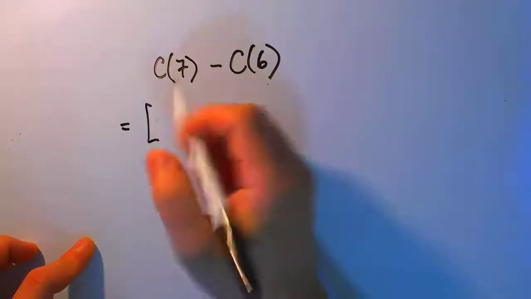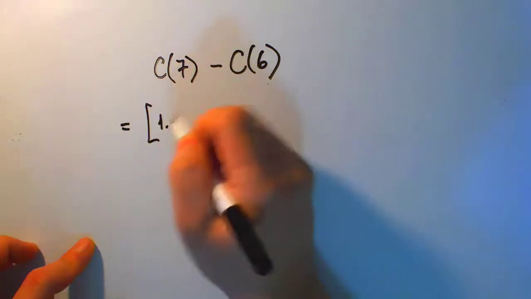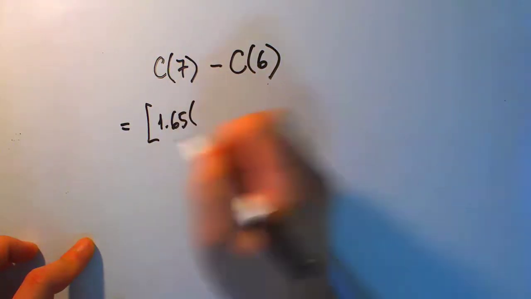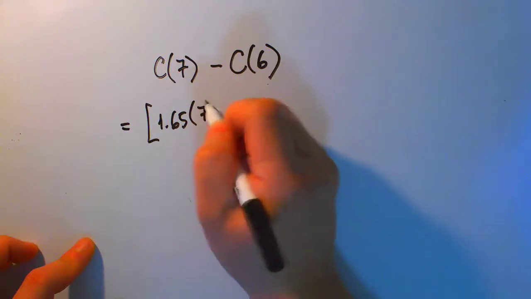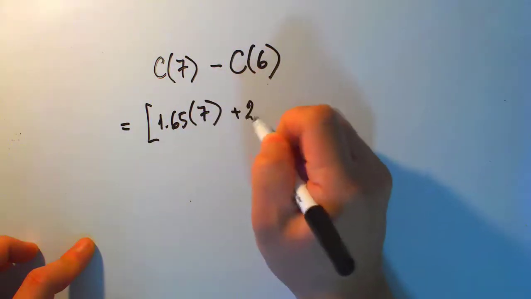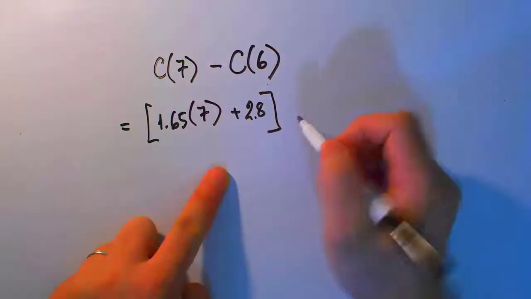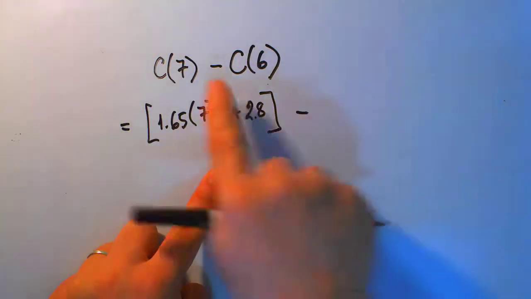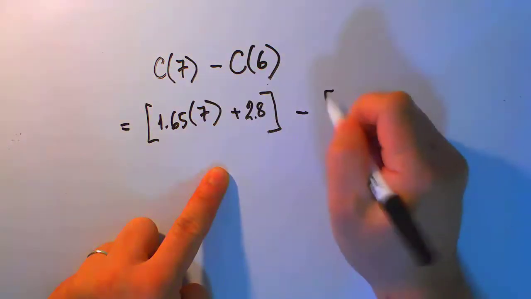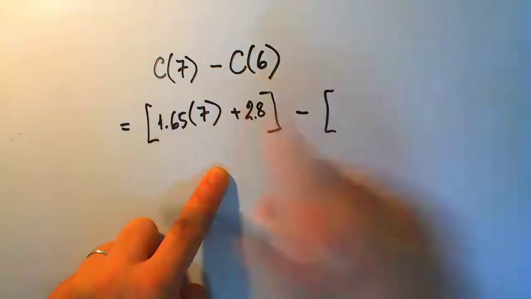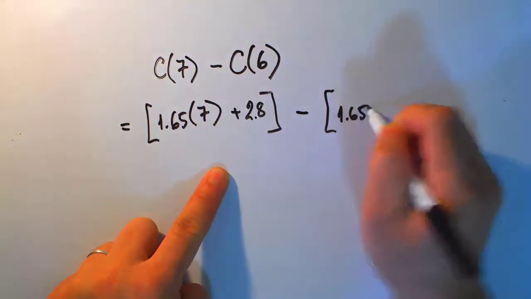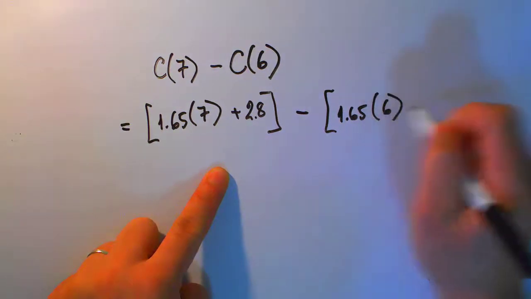First, let me write down the calculation. Same function: 1.65 multiplied by input 7 plus 2.8. I'm grouping them in a pair of brackets, and I'm subtracting because we're taking the difference. And then the same function again evaluated at 6: 1.65 times 6 plus 2.8.